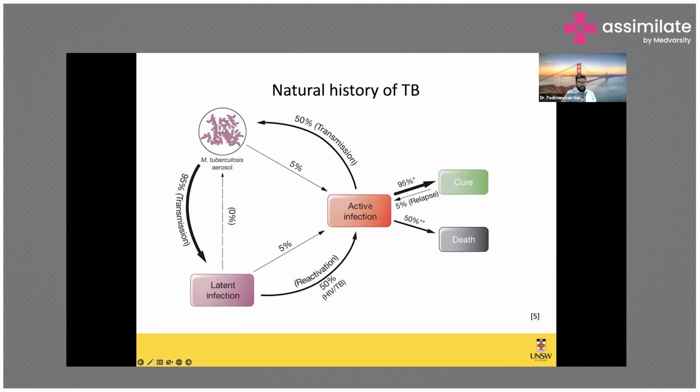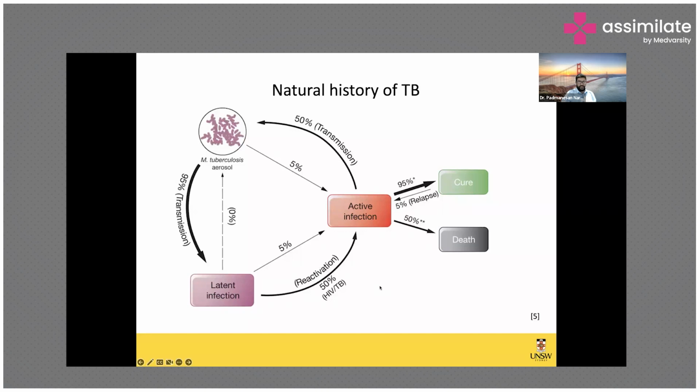So among those with active TB disease, 50% can transmit. If you have a sputum positive or you have a laryngeal TB, 50% of them will transmit active TB disease. Now, another interesting point you have to remember is the transition from latent TB infection to active TB disease changes drastically if someone has got an immunocompromised state.